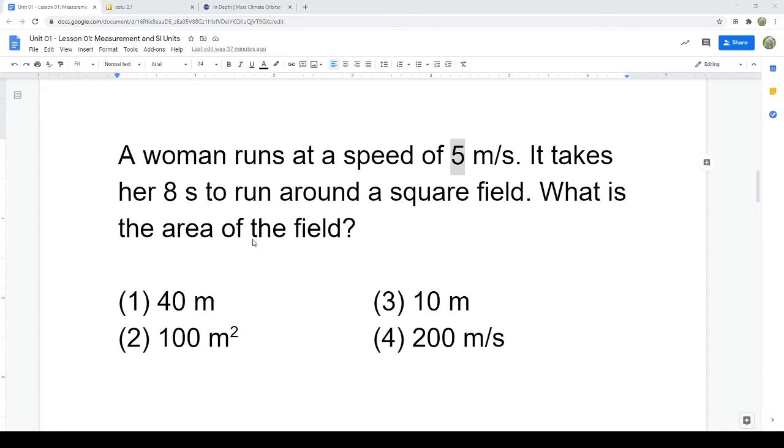Look at the answers: 40 meters, 10 meters, 100 meters squared, 200 meters per second. When you talk about a field, most farmers or ranchers don't care how long the field is. Let's say they have a rectangular field. They care about how much area it is.